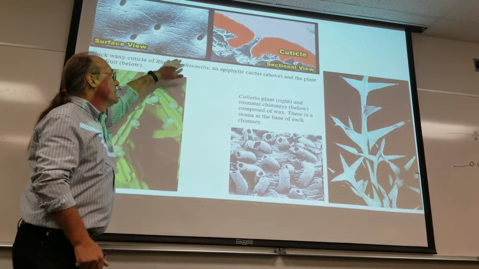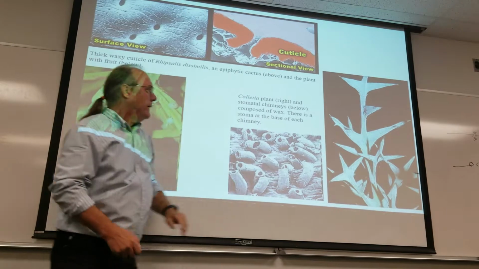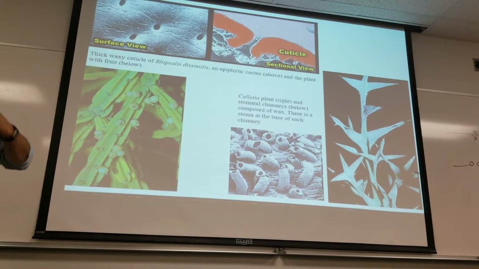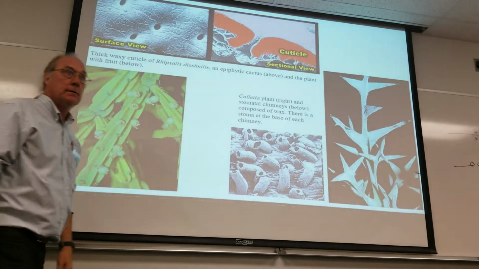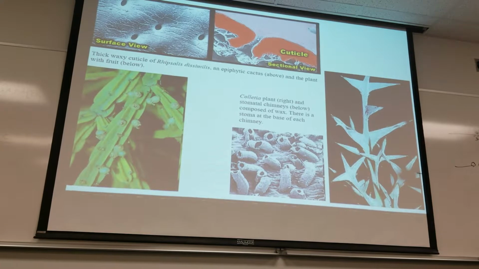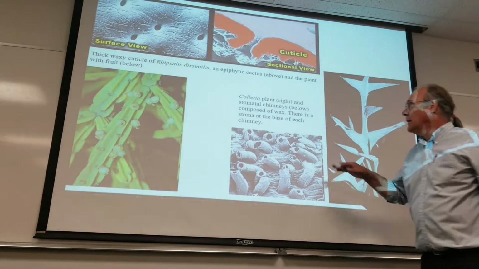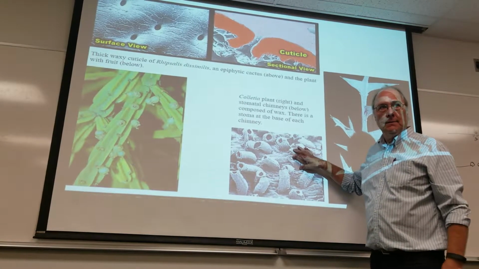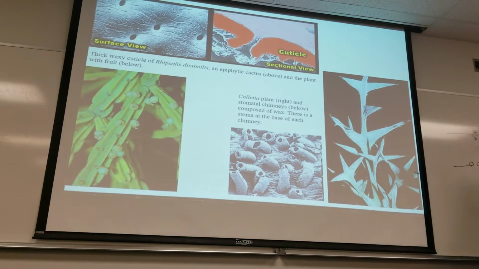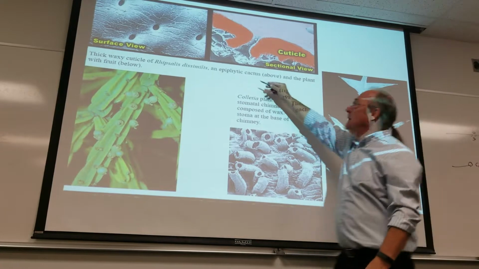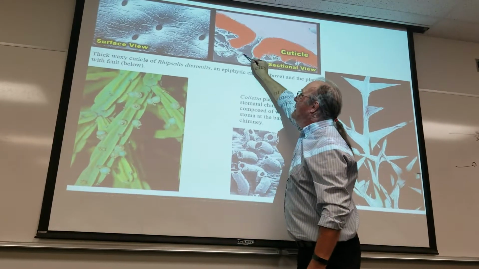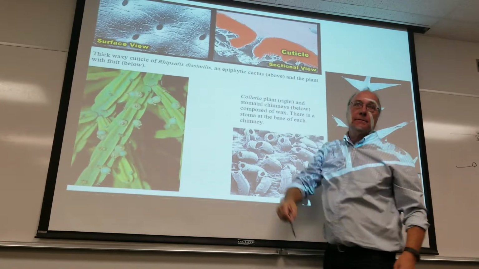And these kinds of arrangements are common for plants adapted to xeric environments, for really dry environments, because it reduces the rate of water loss, because it increases the boundary layer resistance, or decreases the boundary layer component. If you're a water vapor molecule, you've got to diffuse through a longer pathway than if this was open to the atmosphere.